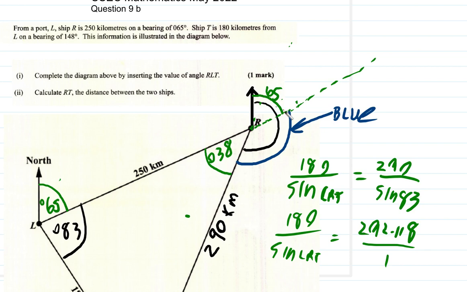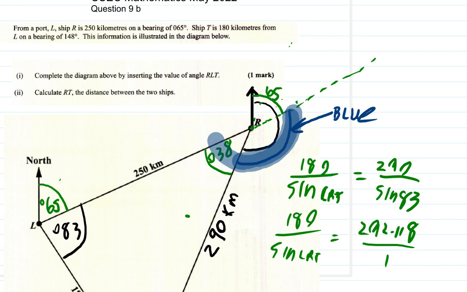But the thing is, what we can look at is the fact that if you come from here all the way around to here, that would be the angle on a straight line. You see that? See that angle right here? That's angle on a straight line. What angle is that? It's 180. But if you come all the way here, then you reverse back by 38, what you would get is what remains here.